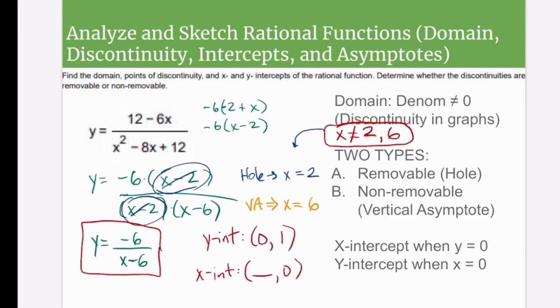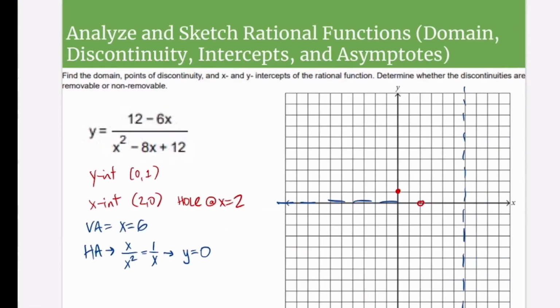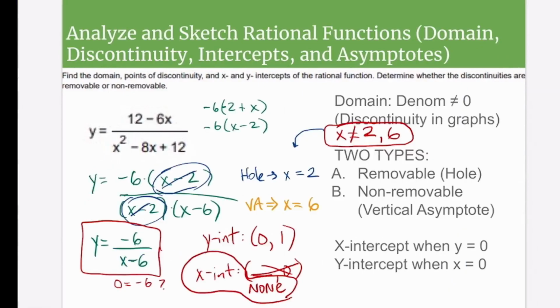If y is 0, then technically you have 0 equals negative 6, which does not make sense, which means there is no x-intercept. So this is not going to intercept the x-axis. And now we're going to be able to graph all this and see why this happens.